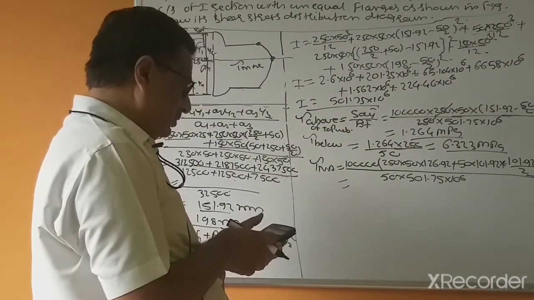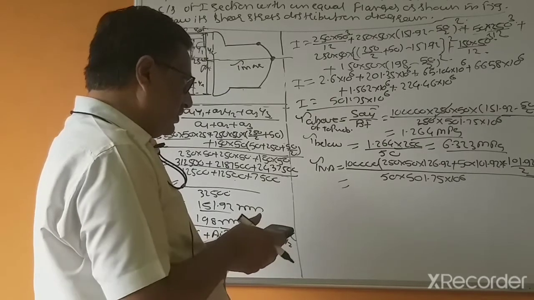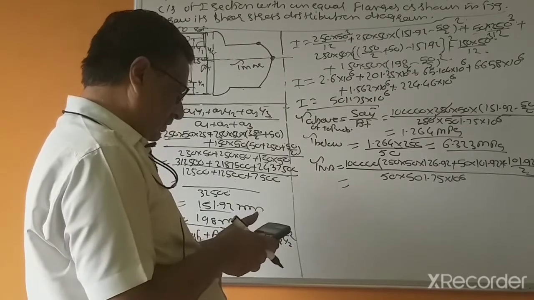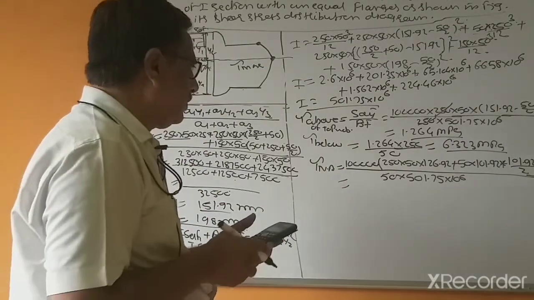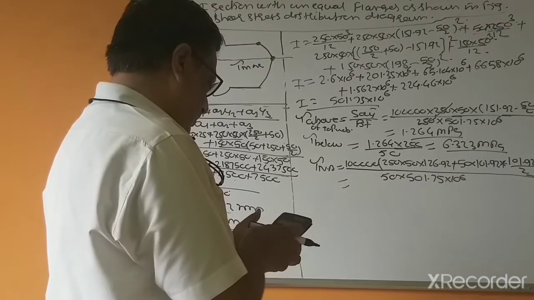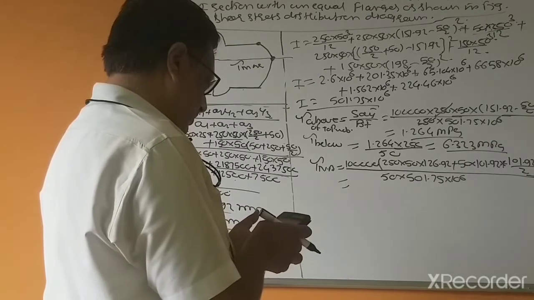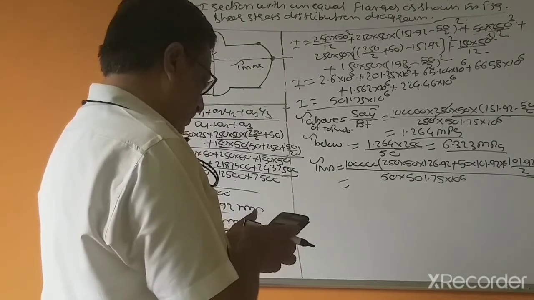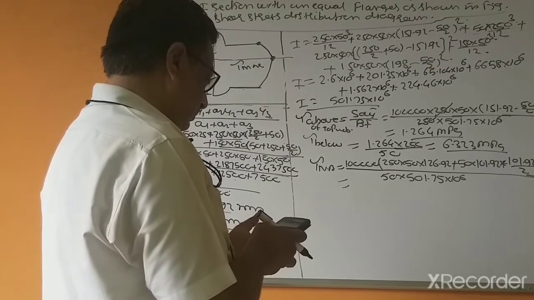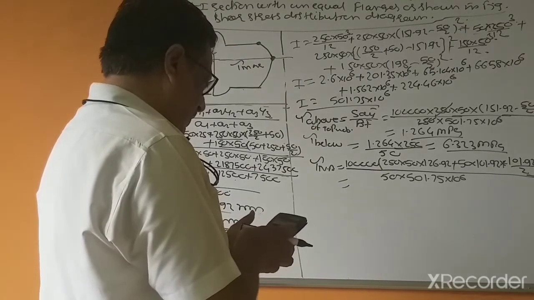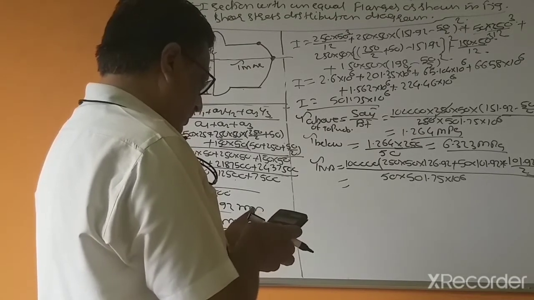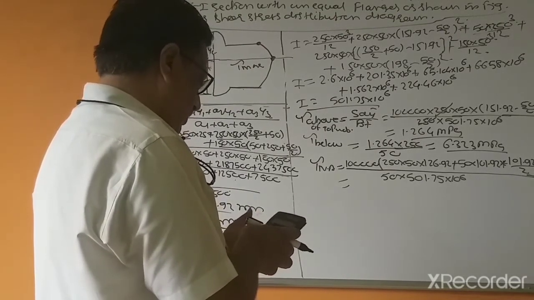So 101.92 square divided by 2 multiplied by 50 plus 250 into 50 into 126.92 multiplied by divided by 50 divided by 501.75.